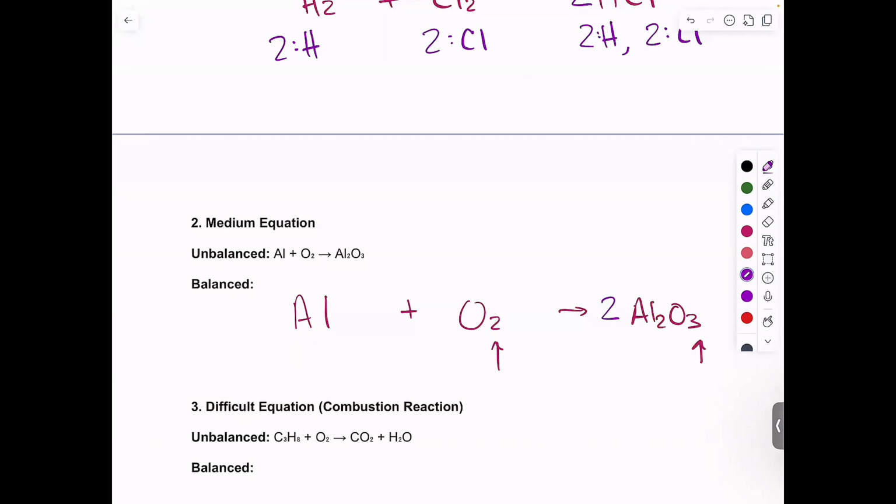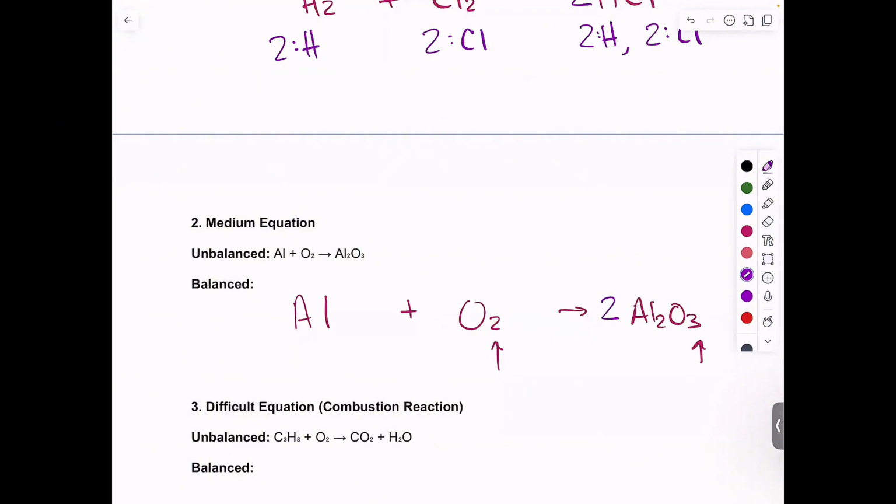I need 2 aluminums and 3 oxygen, however, 2 and 3, that's sort of hard to bring together in this equation. So I'm going to double the amount of aluminum oxide molecules on the right-hand side.